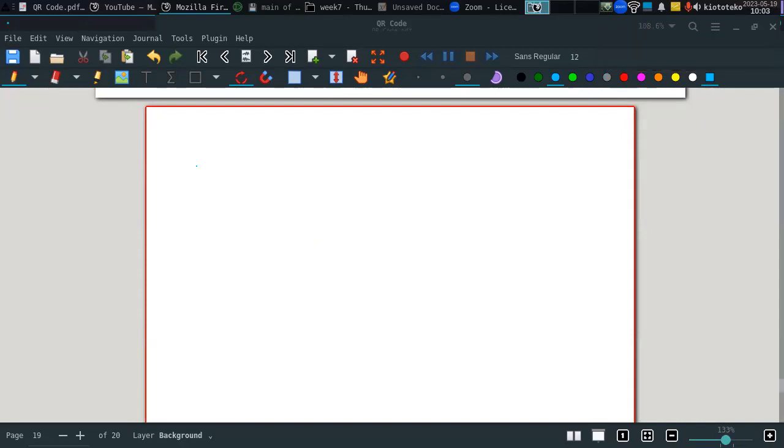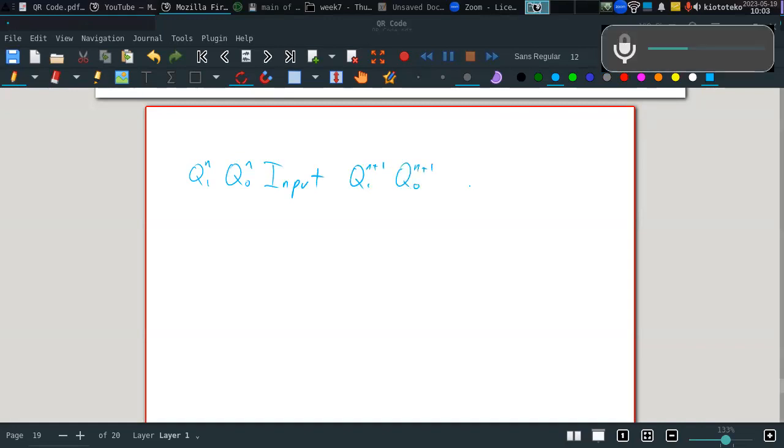So we have now Q1N, Q0N. This is our current state. Then we have our input. Then we have Q1N plus 1, Q0N plus 1, and we have our output. So these are the next state, no?